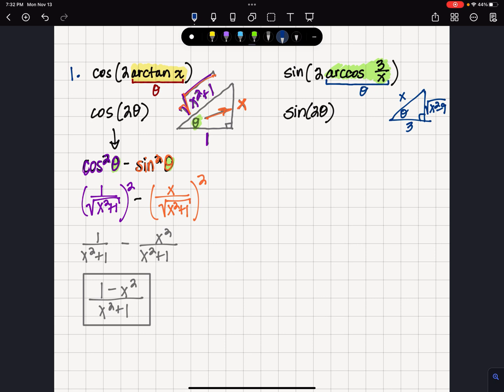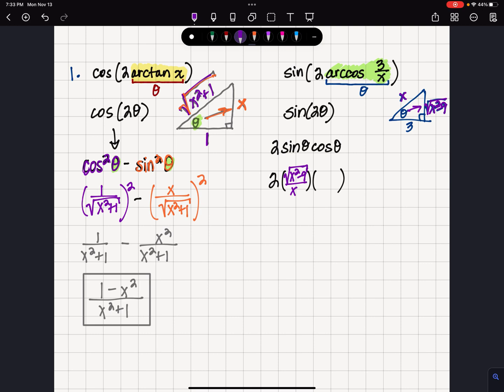Okay, so now the sine of 2 theta, that formula is just 2 times the sine of theta times the cosine of theta. So in place of sine of theta, we'll use colors here again, I'm going to have the square root of x squared minus 9 over x.